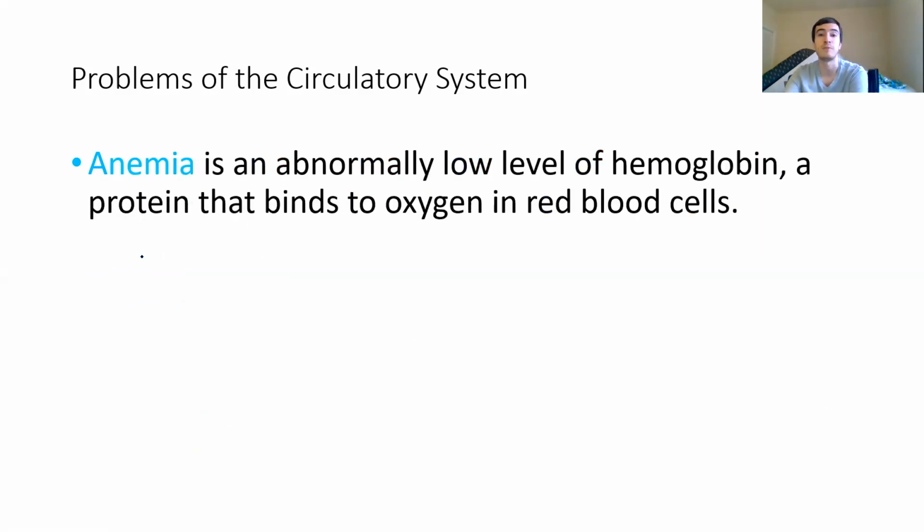Anemia is whenever people have low levels of hemoglobin, which is the part of the red blood cell that actually binds and picks up oxygen. People who have anemia have to be concerned with the amount of oxygen that their blood is getting.